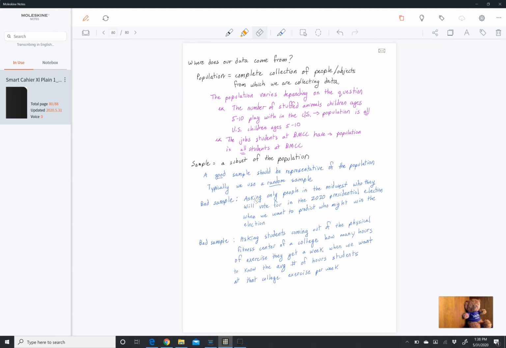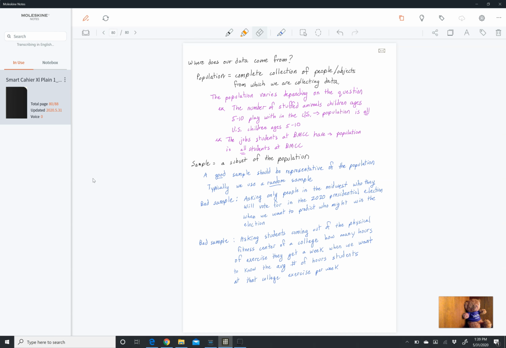So this would be the difference between a population and a sample. A sample is a subset of the population, but you really want a good sample that is representative of the population. And most often, that's just choosing randomly from that population, okay? The sample size may vary, and you are able to determine the best sample size.